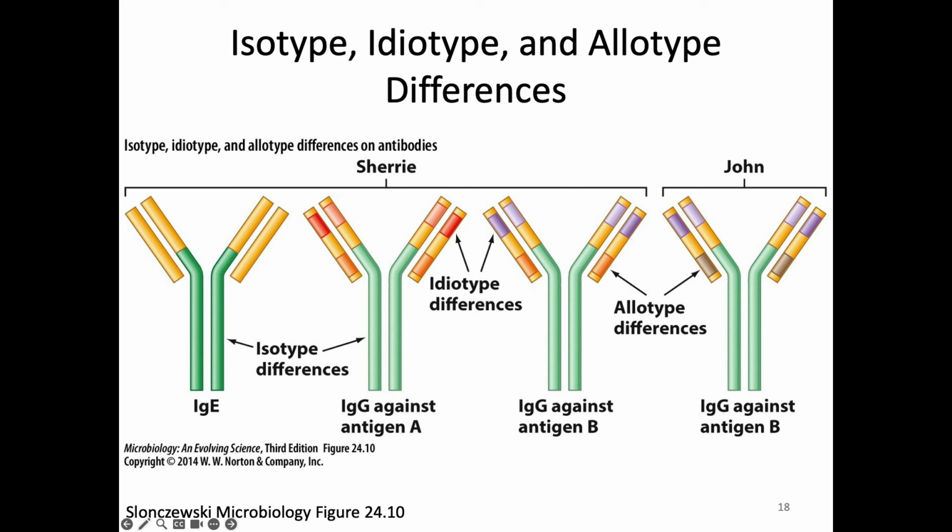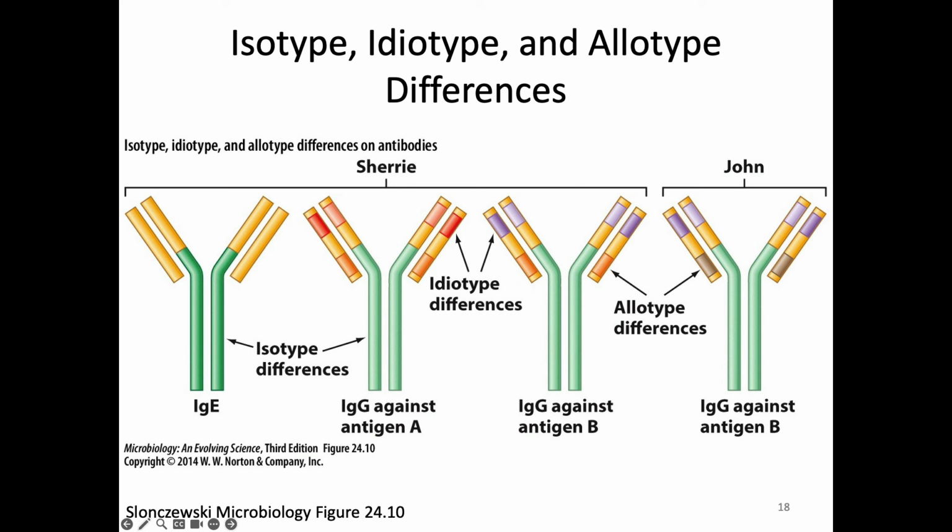You can also see if I'm looking at 2 antibodies that are basically the same, but are from different people. So here you can see an IgG antibody against SARS-CoV-2 from Sherry and an IgG antibody against SARS-CoV-2 antigen B from John. We refer to those as different allotypes. So 2 different individuals of the same species, but it's the same receptor.